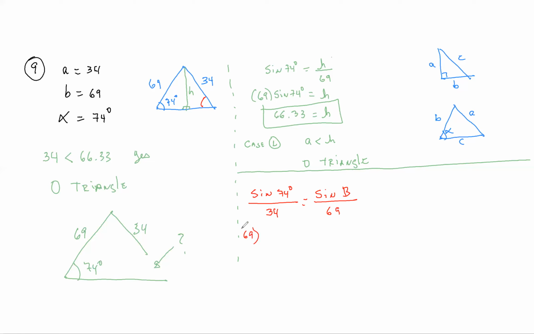So 69 times sine of 74 degrees divided by 34 will be sine of capital B.